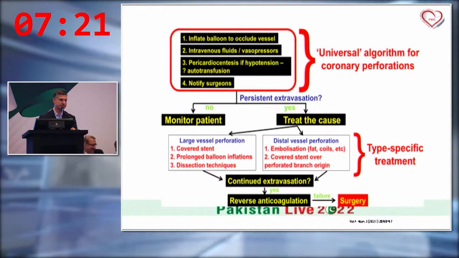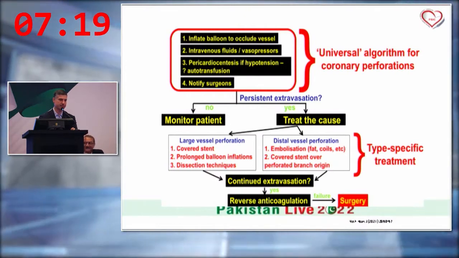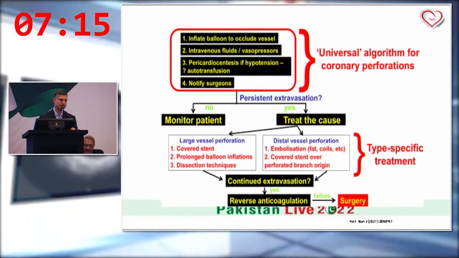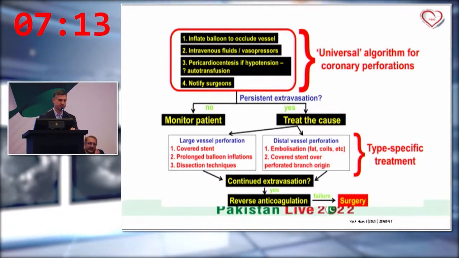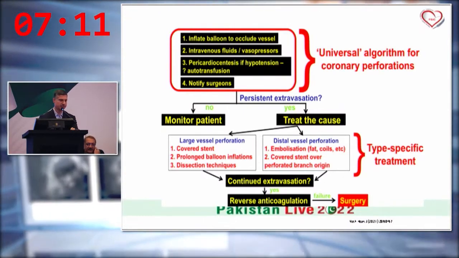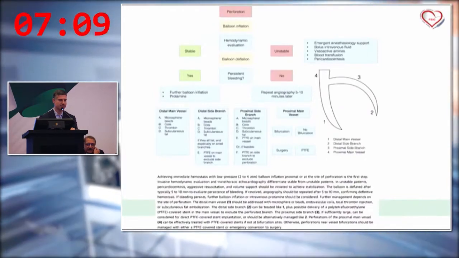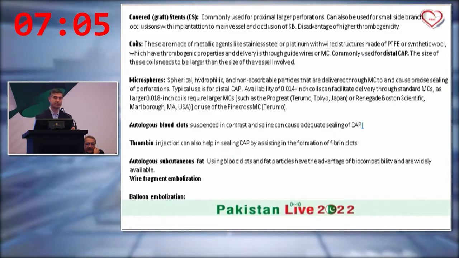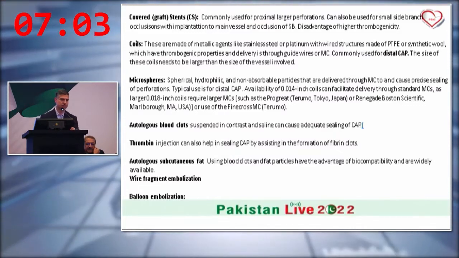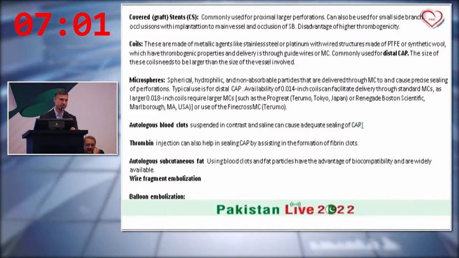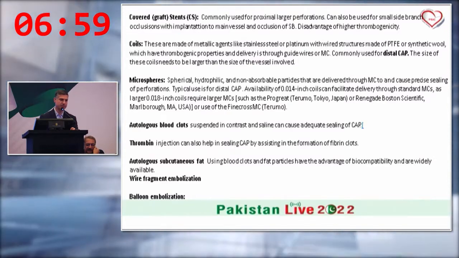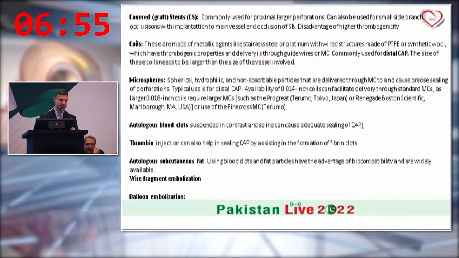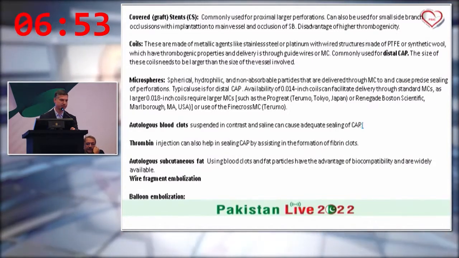For distal perforations, what we have is embolization with fat, coils, and covered stents for occlusion of the perforated branch in some cases. Covered stents have the disadvantage of thrombogenicity. They may have higher restenosis rates. Coils are especially useful for distal coronary artery perforations.